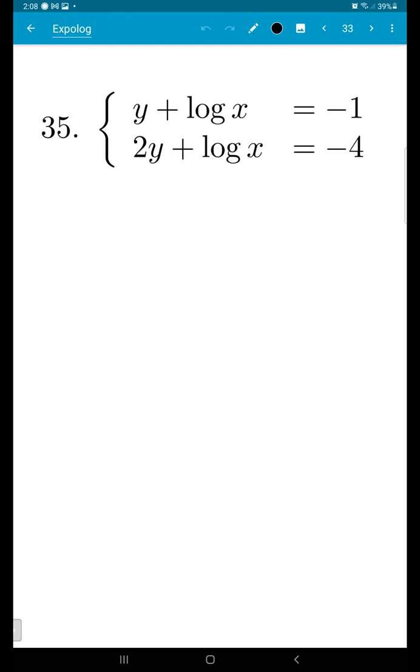So in this one, what technique can we apply to solve the system? Anyone? Well, there are several, but the best technique would be the method of elimination. How do we eliminate?